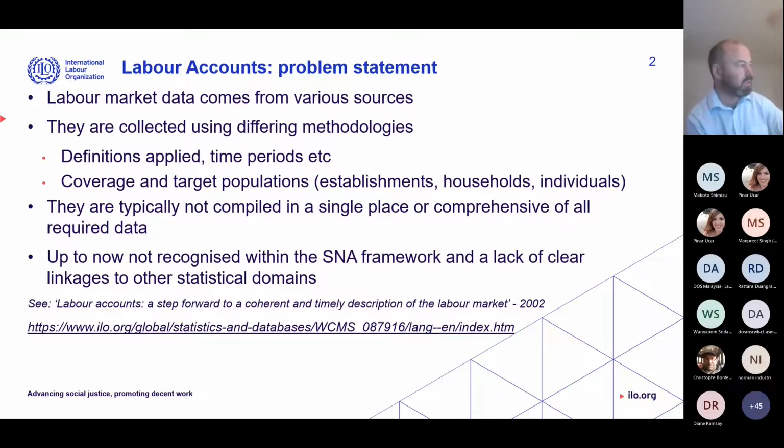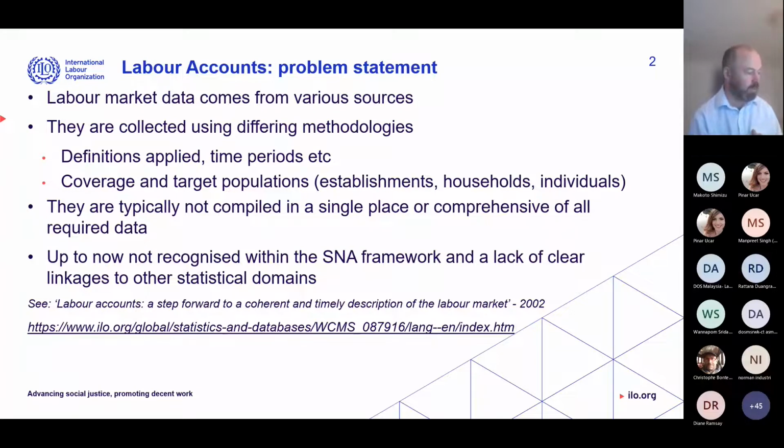The point is that because it's not recognized within the SNA, these linkages and this framework haven't been properly developed and defined in a very clear way, creating difficulties both to compile them, but also then to have consistency in compilation across countries or over time.